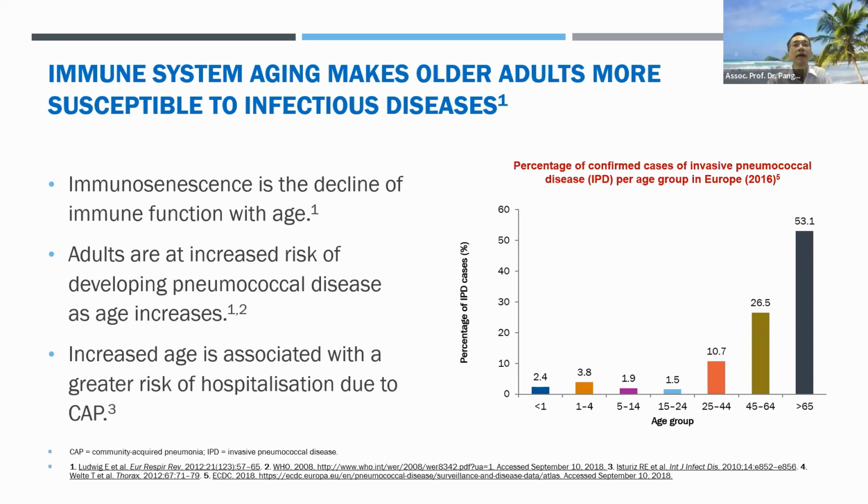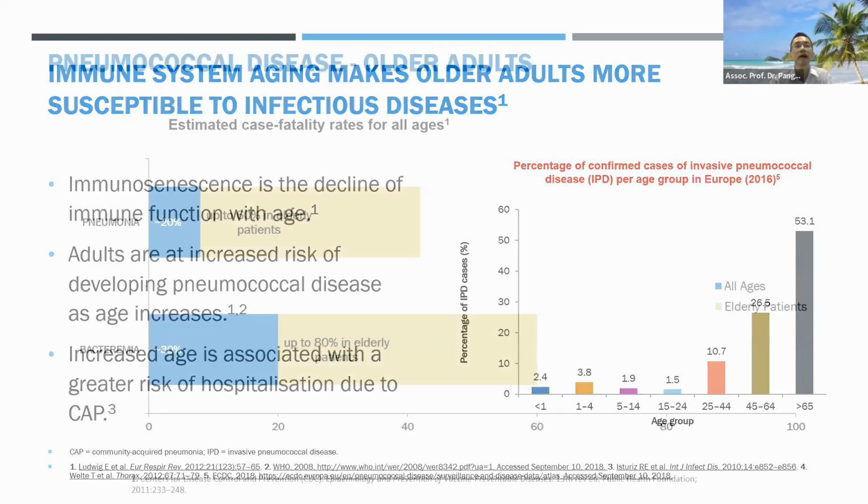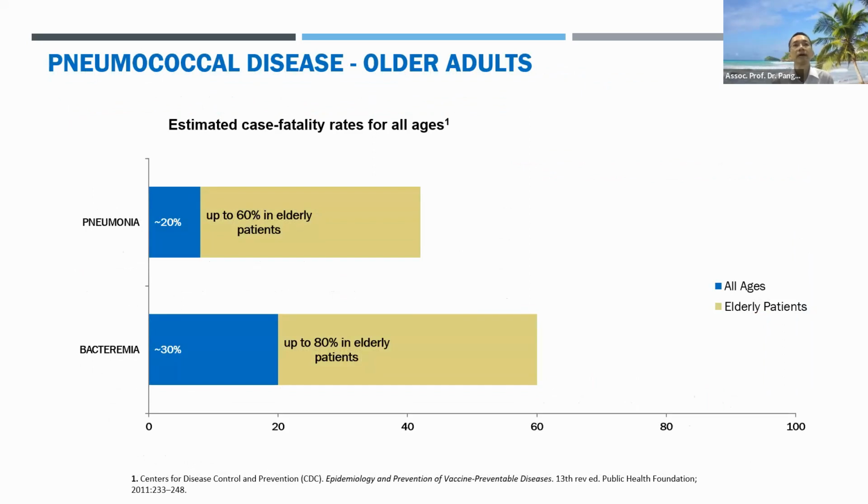And also, why adults are much more likely to suffer from this disease is because as we get older, we are also more likely to acquire other chronic medical illness. And this will also increase our risk as well as morbidities. Here you can see that older adults are not only more likely to get pneumonia, they are also more likely to get bacteremia.